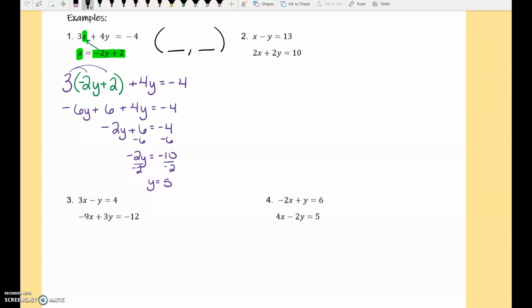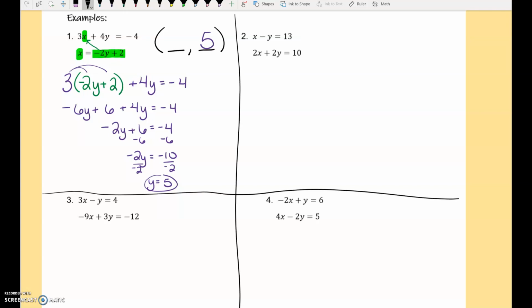Now our answers need to be an ordered pair. We're going to write our answers as an ordered pair. So we got y equals 5. That 5 is going to be the second part of that ordered pair. How do you suppose we then find the first part of that ordered pair? We plug it in. So we're going to find up here this original equation, x equals negative 2y plus 2, and we're going to stick 5 in place of the y.